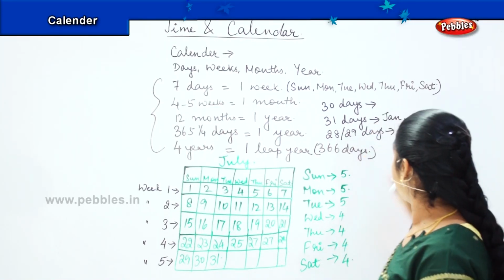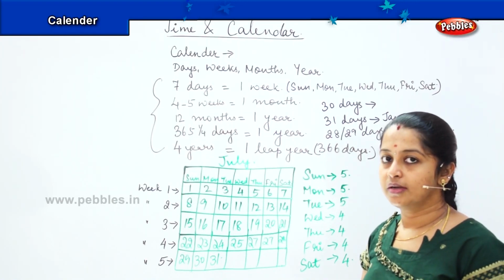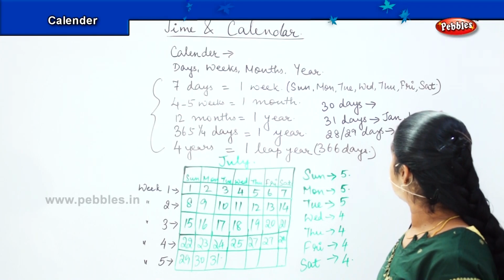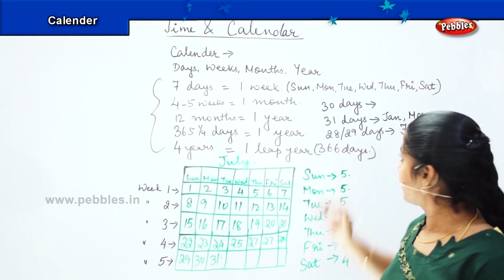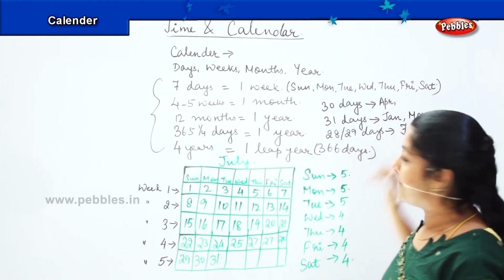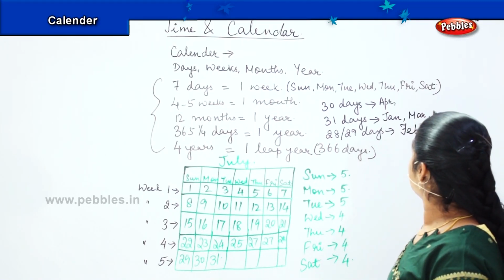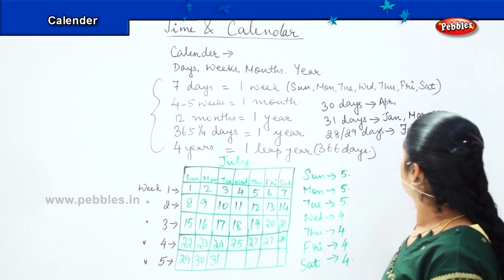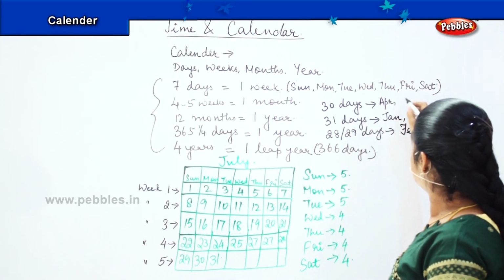February, it has 28 or 29 days. March? Yes, it has 31 days. April. April comes for 30 days. May? Yes, it comes again in 31 days. How about June? June has 30 days.